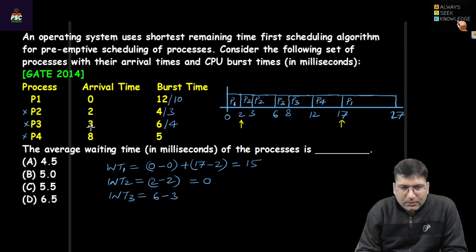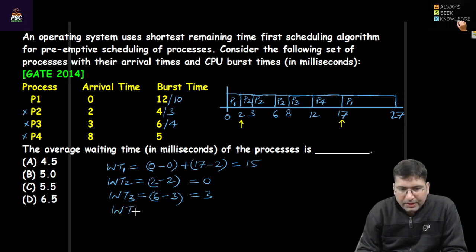So process 3 arrived at 3 and started executing by 6, and then it finishes its lifetime by 12, with no switching in between. So the total waiting is 3 for process 3.